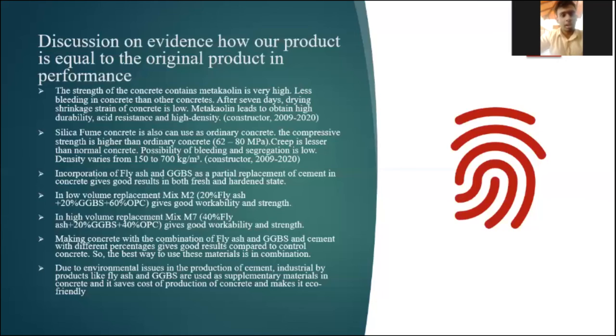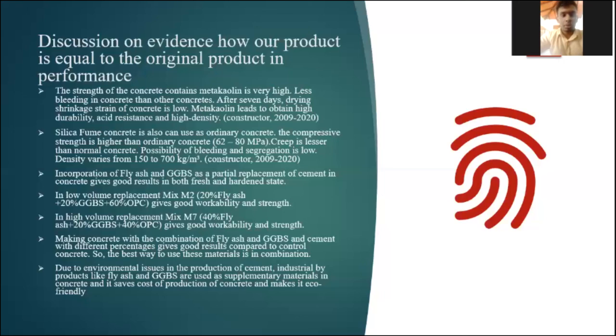In high volume replacement mix M7, 40% fly ash with 20% GGBS and 40% OPC gives good workability and strength. Making concrete with a combination of fly ash, GGBS and cement in different percentages gives good results compared to control concrete. So the best way to use these materials is in combination.